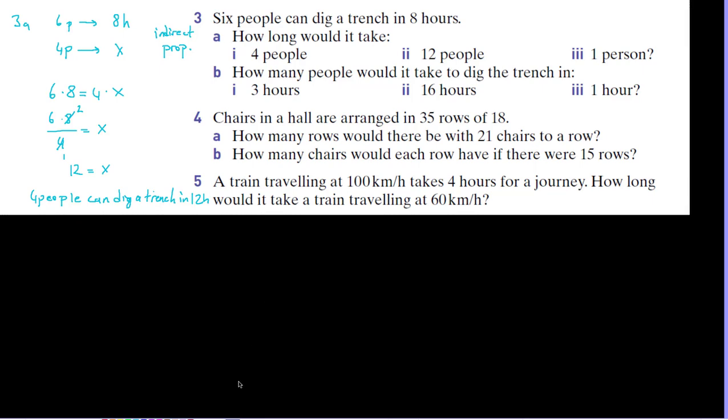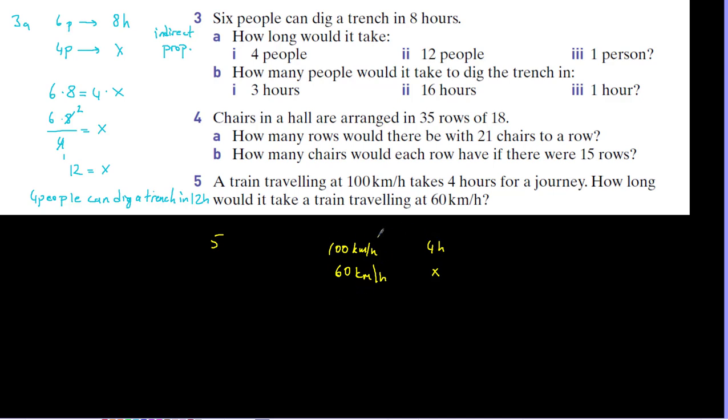Okay, then I'm solving question number 5 here. A train traveling 100 km per hour takes 4 hours. The same distance, we are not changing the distance. If I travel the same distance at 60 km per hour, how much time does it have to be?